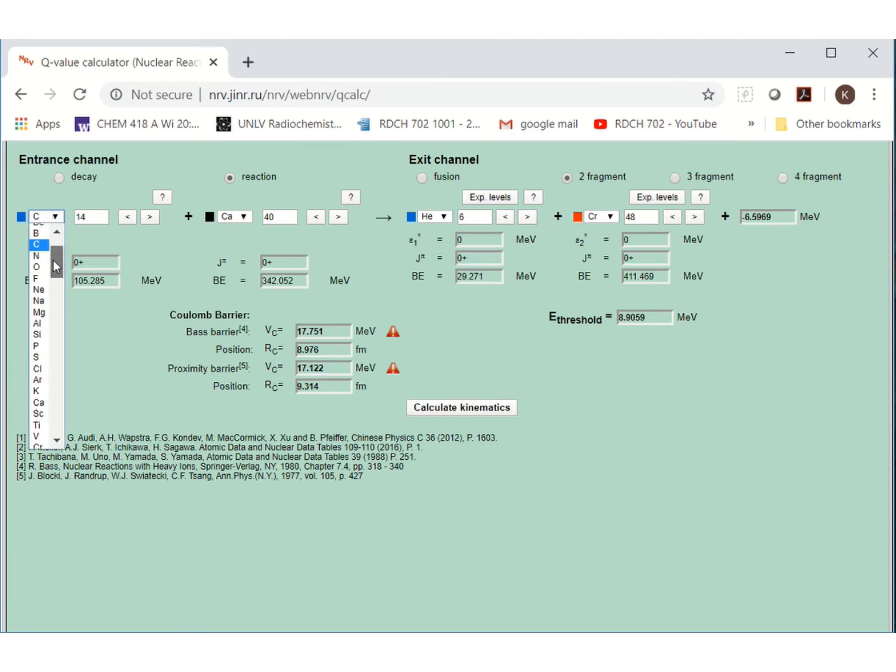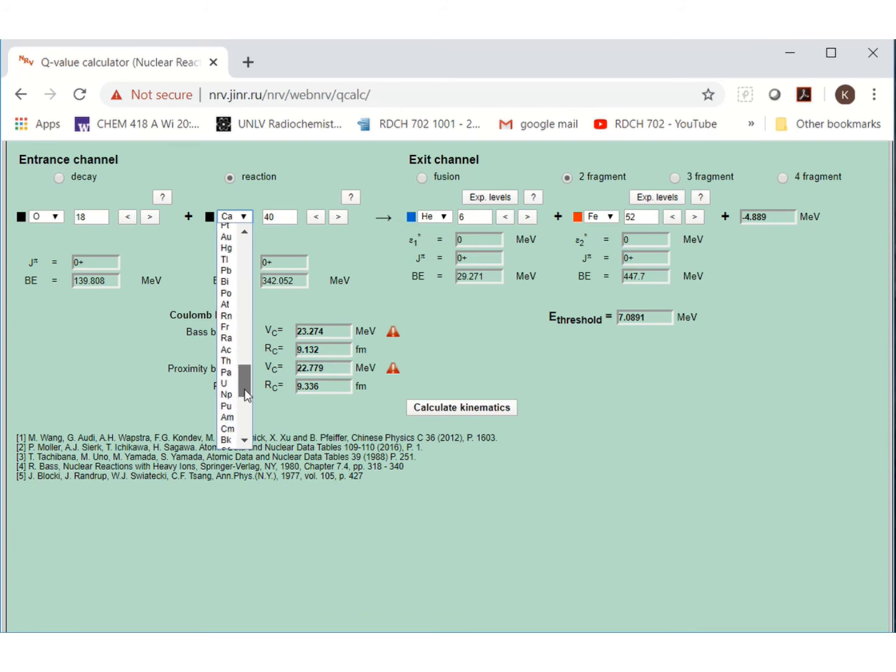Let's try something that I did as a graduate student. I would take oxygen-18, and we would bombard that into curium-248. And let's do a fusion.